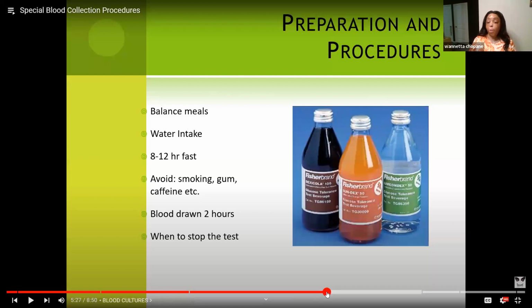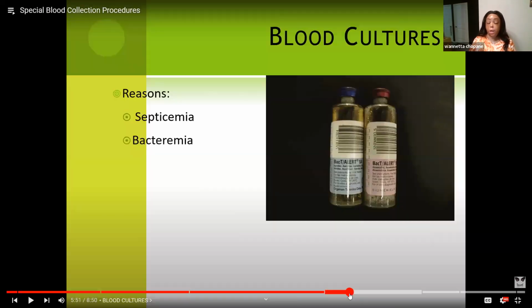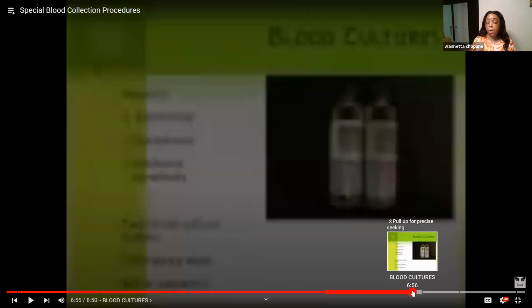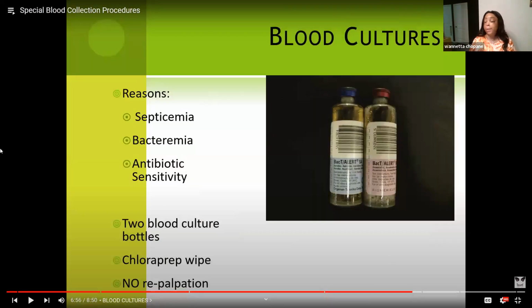Now, moving forward to the next area that it talked about, and it talked about our infamous blood cultures that we already kind of been talking about already. So remember that if the doctor ordered blood cultures, it's always 2 bottles, aerobic and anaerobic.